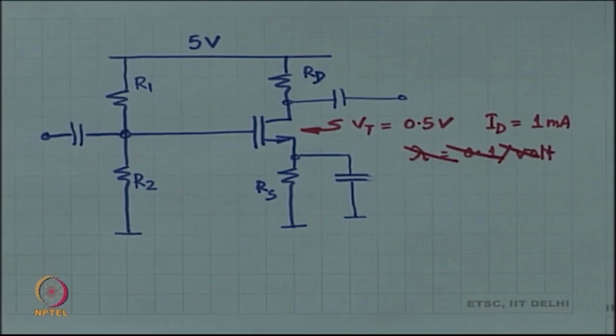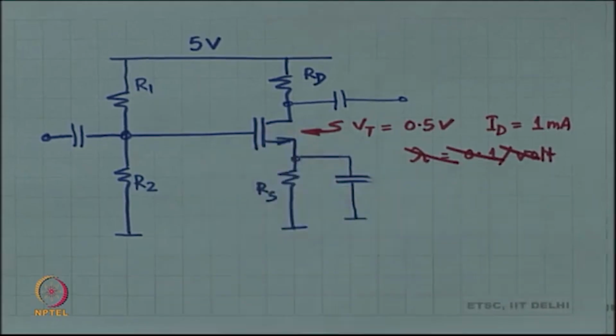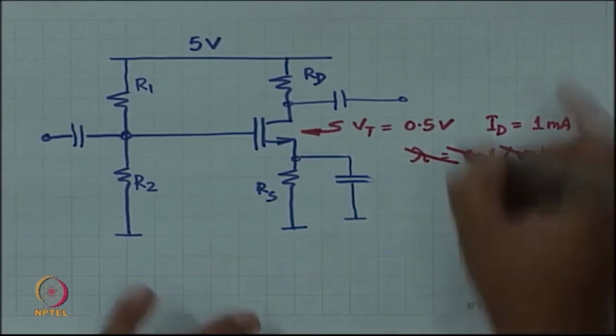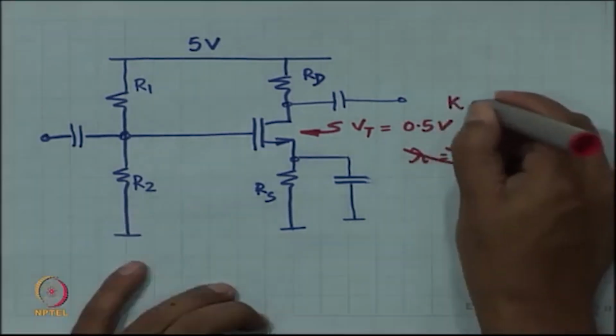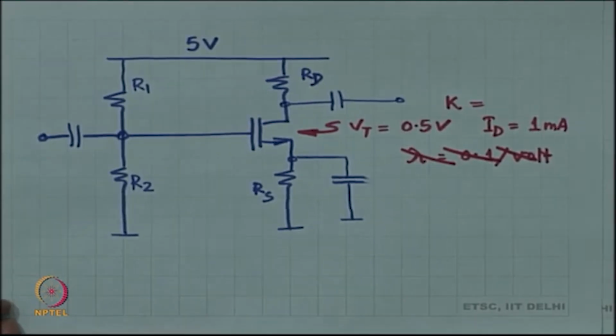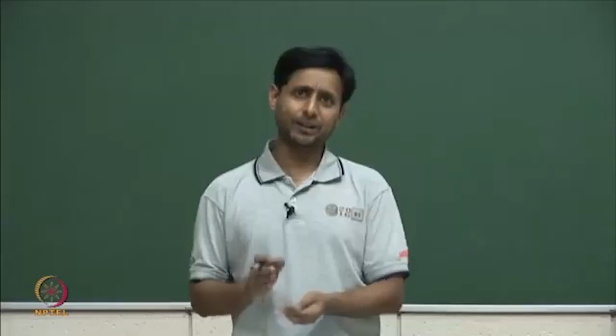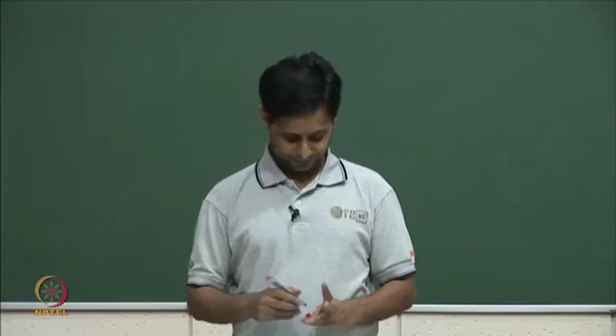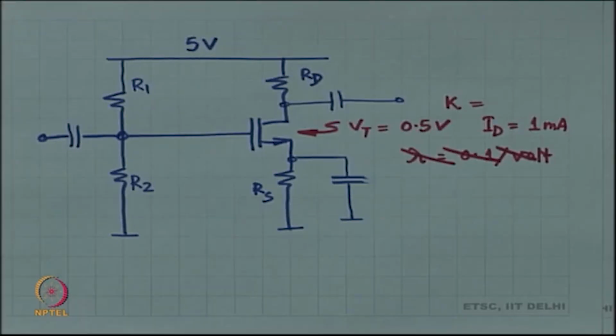Okay. So, I have this MOSFET, I need a K over here. I am trying to construct this problem for you from the top of my head.